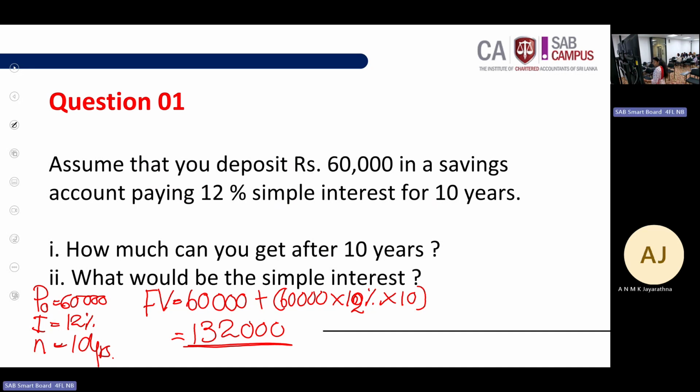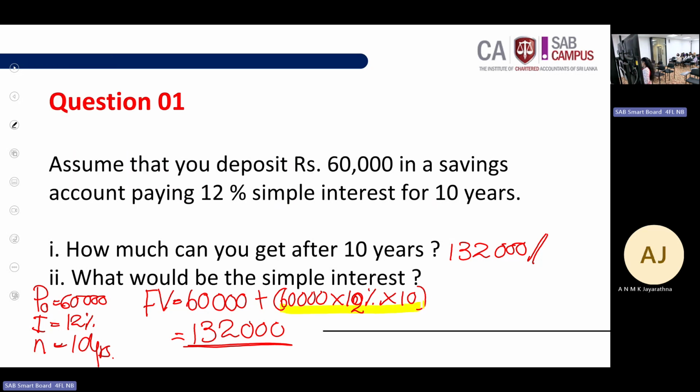The first answer is that you can get 132,000 rupees after 10 years. This is the answer. And then the second answer, the simple interest, this is how we calculate it.